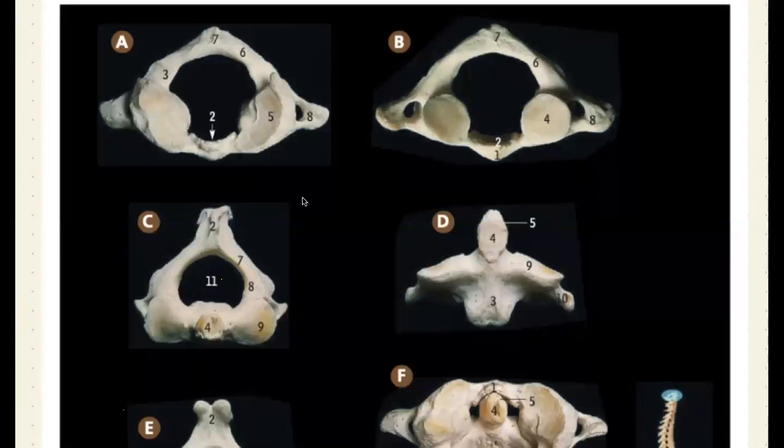The vertebrae will be 32 in total: cervical 7, thoracic 12, lumbar 5, sacral 5, and coccygeal 3. And if you're talking about the spinal nerves, there will be 31 pairs. Cervical 8, thoracic 12, lumbar 5, sacral 5, and coccygeal 1. In total, 31 pairs.